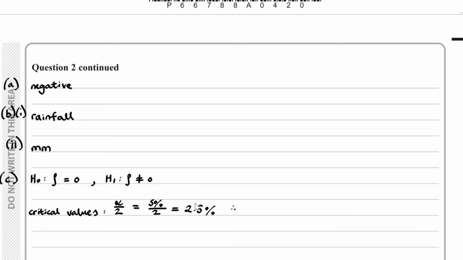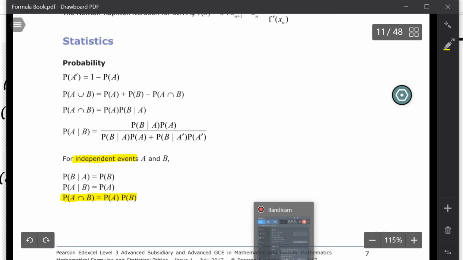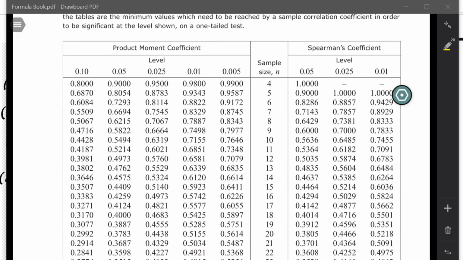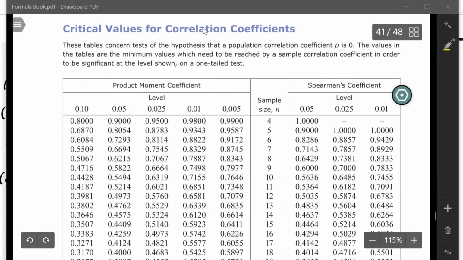And the critical value for 2.5%, if we go to our formula book, you would see over here the critical values for the correlation coefficients are shown here.